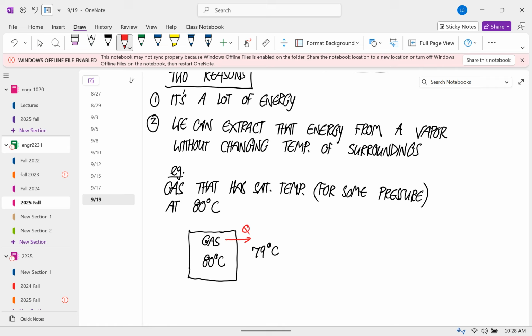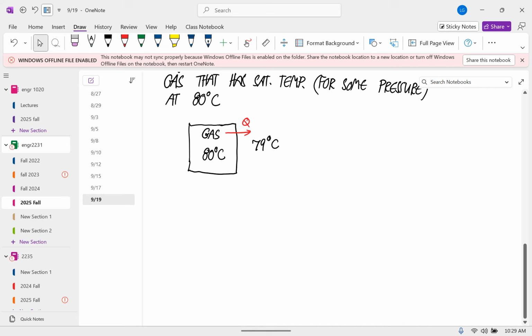The liquid water is at 80 degrees and the surroundings are 79. We can still extract some energy. It just is a very small amount of energy before these temperatures are about the same and heat transfer ceases. But when you're at the saturation point, you can pour out a ton of energy. Okay, so now we're going to get into property tables.